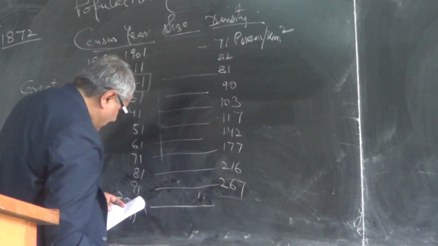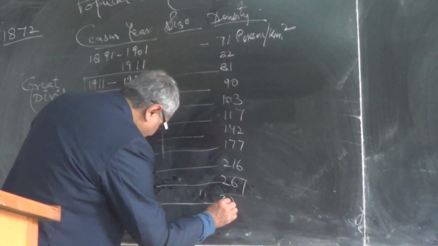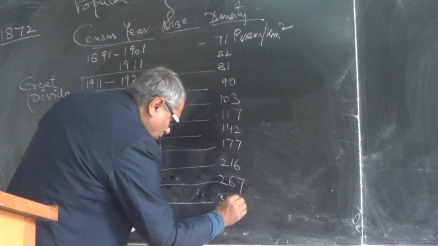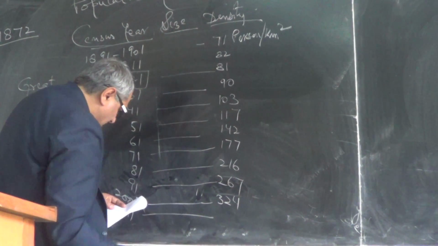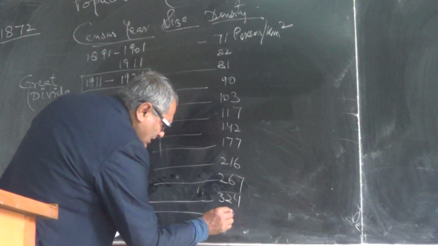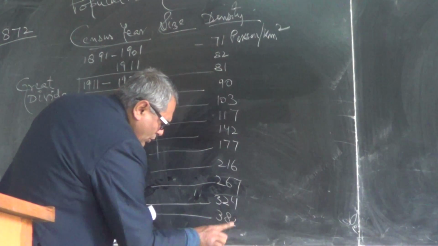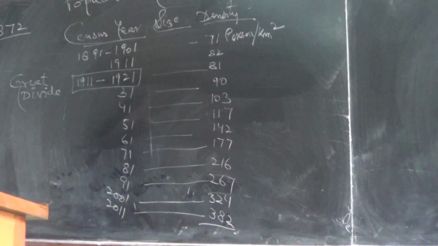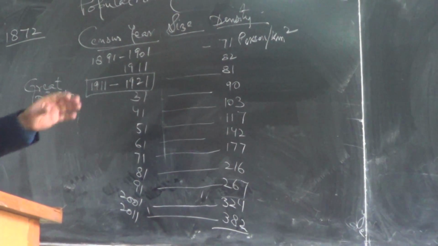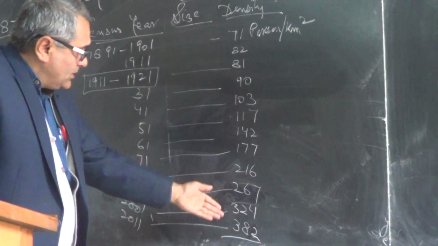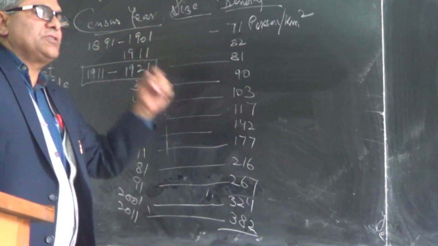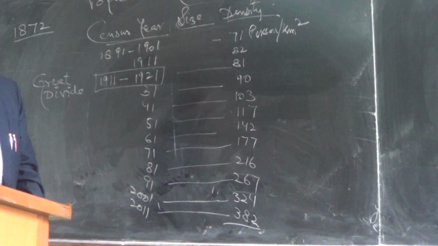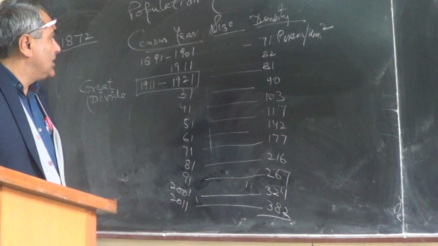In the previous census it was 325, or 324, and currently our density is 382 persons per square kilometer. So our density of population increased more than 5 times in the last 100 years.